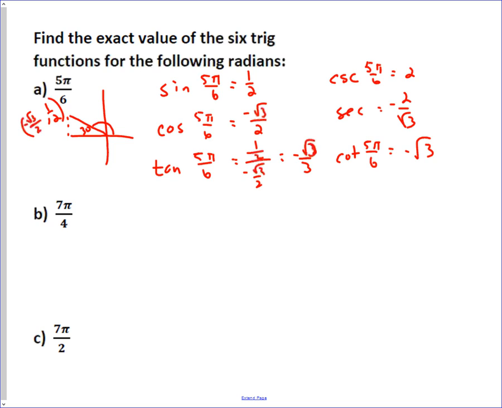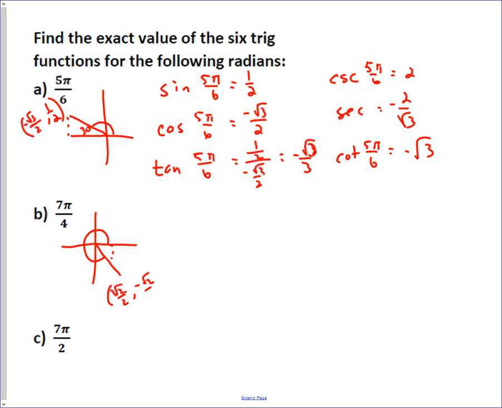But 7 pi over 4, that's a 45-degree angle. It's not pi over 4, which is the first quadrant, 3 pi over 4, which is the second quadrant, 5 pi over 4, which is the third quadrant, and then finally 7 pi over 4 is in the fourth quadrant. And so it turns out to be a 315-degree angle, or you could think about it as negative 45, or negative pi over 4. And so your coordinates here are just going to be root 2 over 2 and negative root 2 over 2.